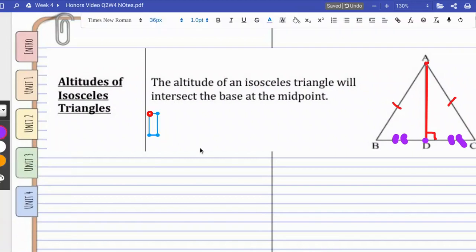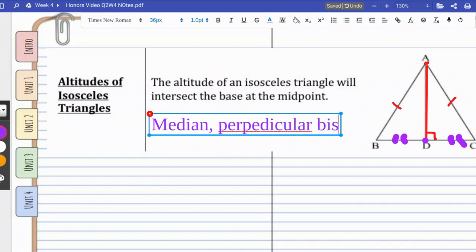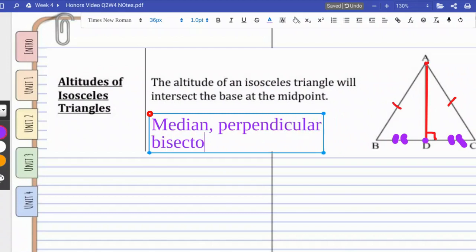So if you have a nice altitude of an isosceles triangle, that is also called a median. It's also called a perpendicular bisector.